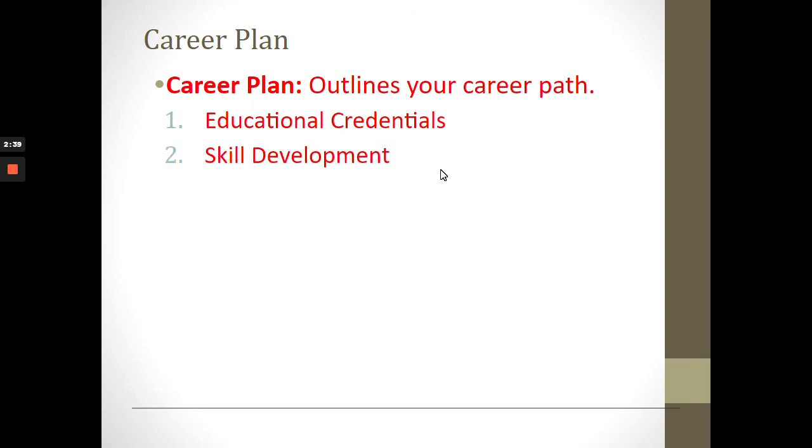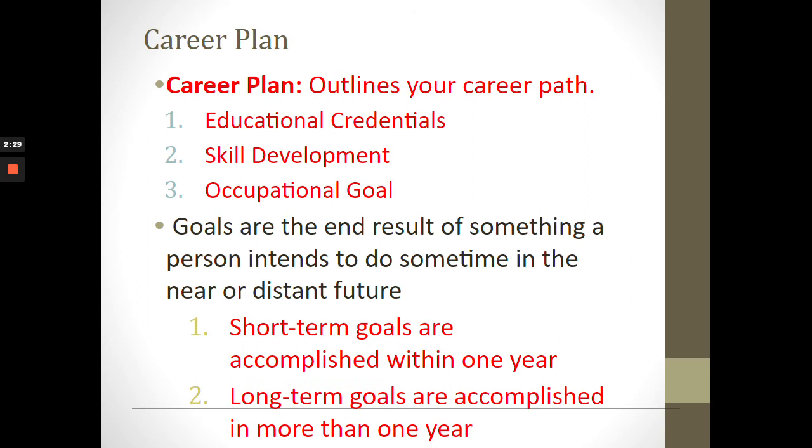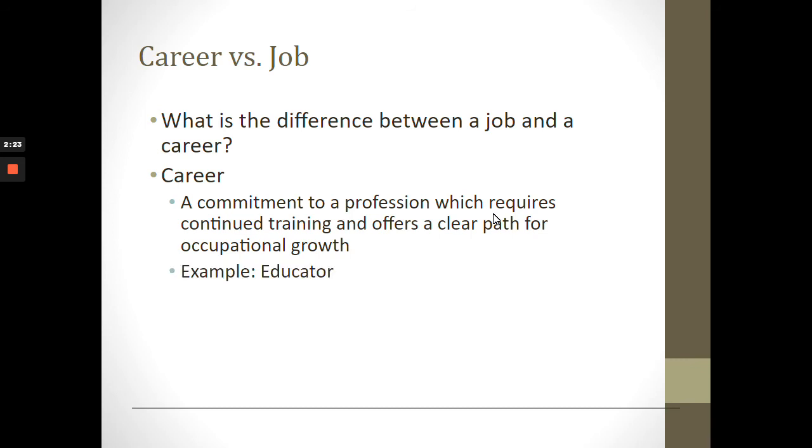So that's what this career plan is all about. It outlines the education, the skill development, what we need to do in order to get this career that's going to provide the level of income to have the standard of living that we want.